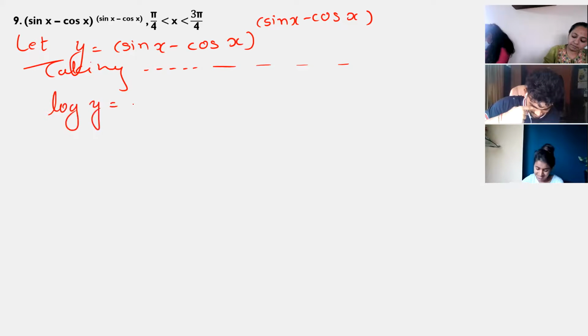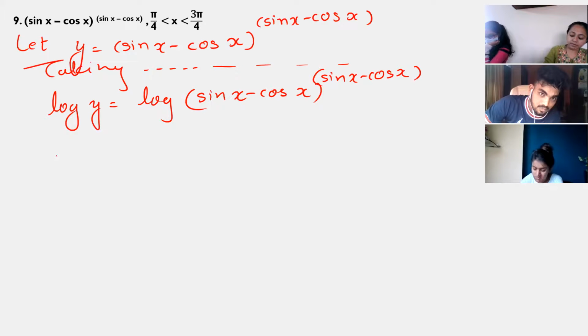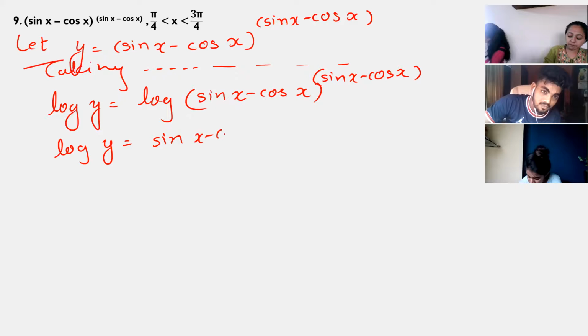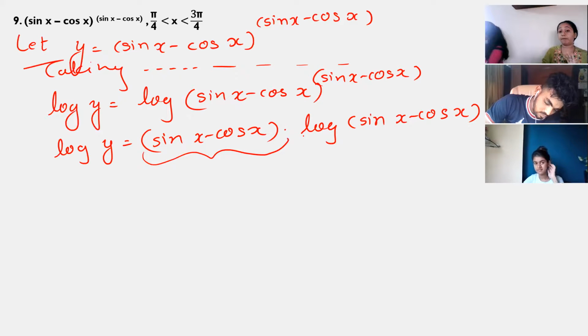Log y is equal to log of sin x minus cos x to the power sin x minus cos x, this power is going to multiply. That means now this is a separate function and this log one is a separate function.